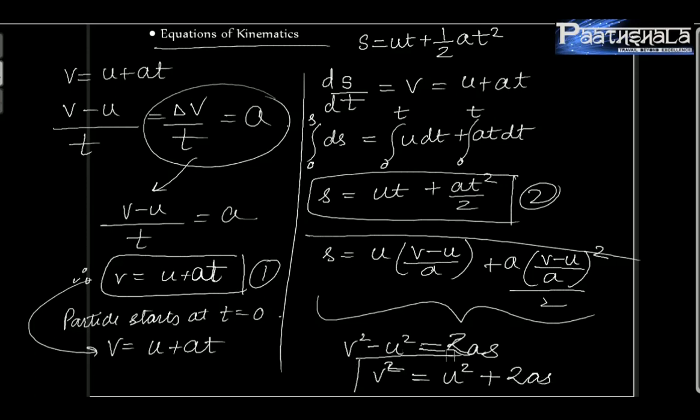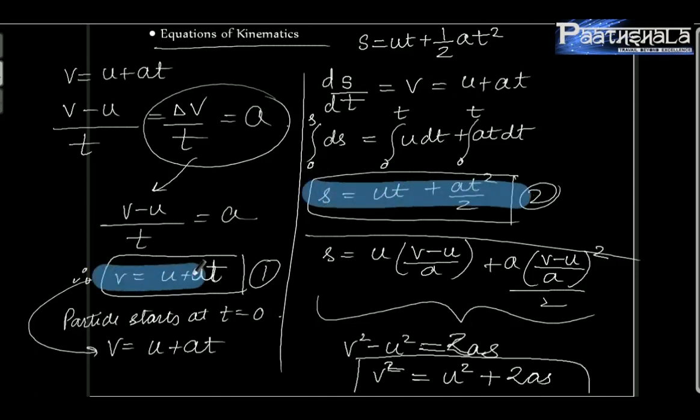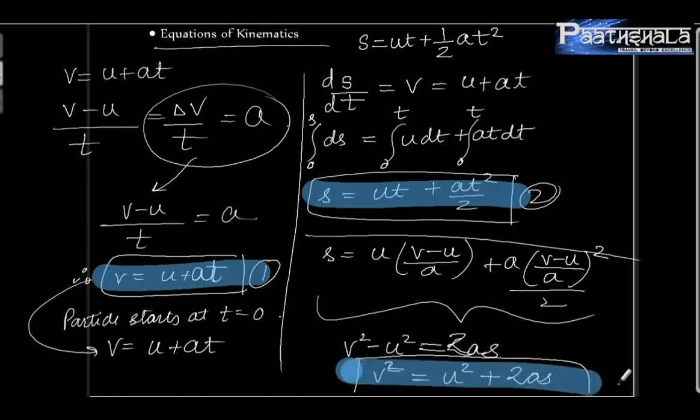This is our third equation, and this is the derivation of all the three kinematical equations. Makes sense, right? As a student of physics, you should always be able to tell how these three equations have been derived.